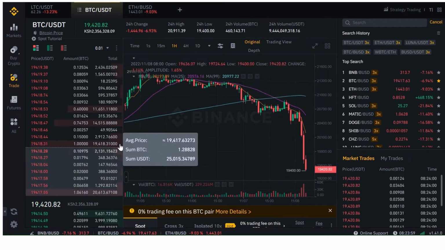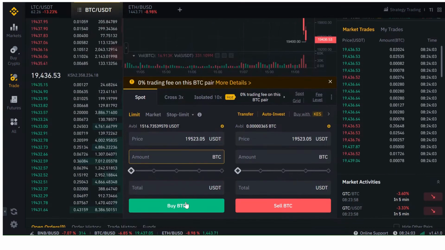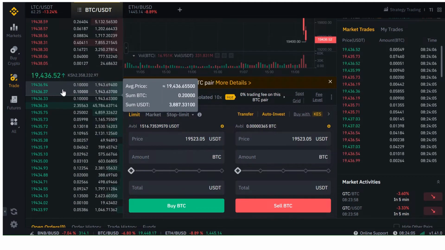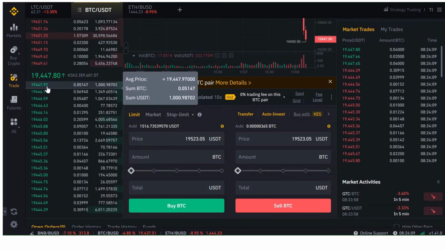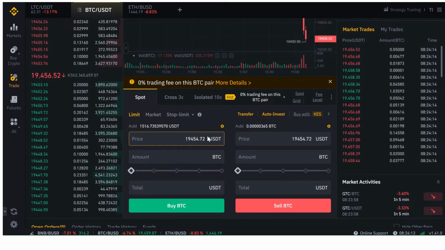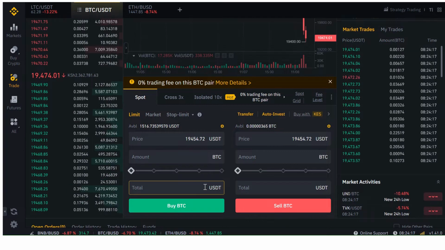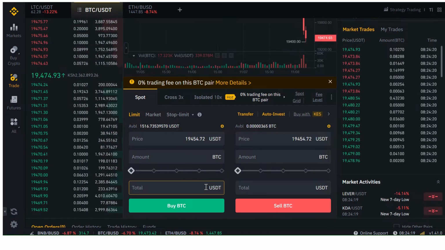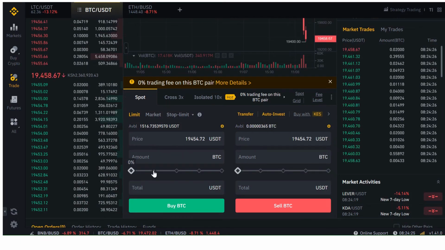Now something else you need to understand is buying. Let's say you want to buy at the current price, which is this one. You just select, and then the price appears here. Once it appears here, you specify the amount of stable coin you want to exchange for BTC. As you can see, my balance is 1516.